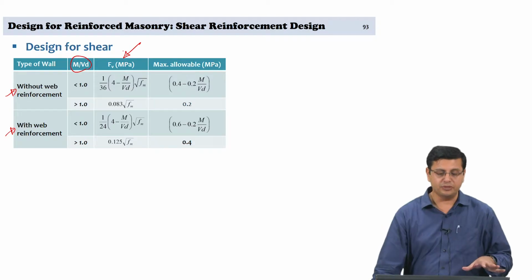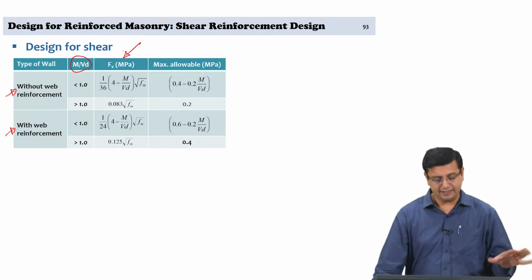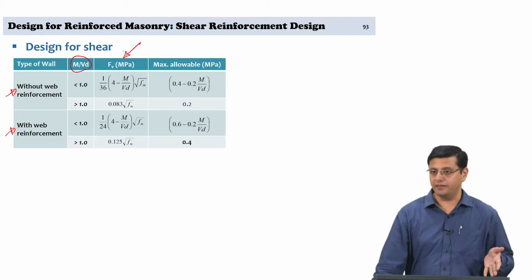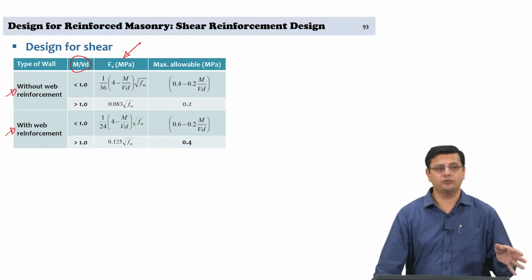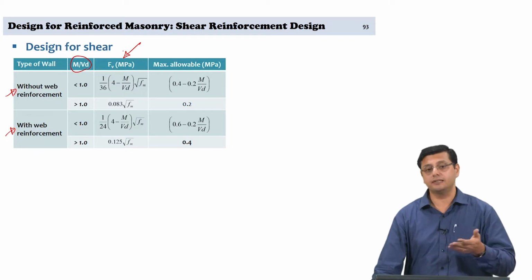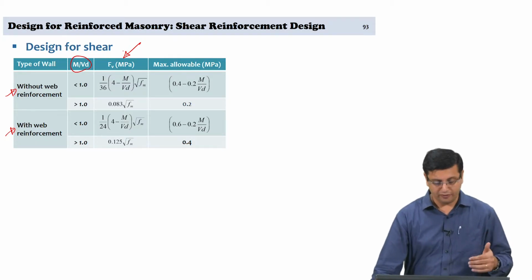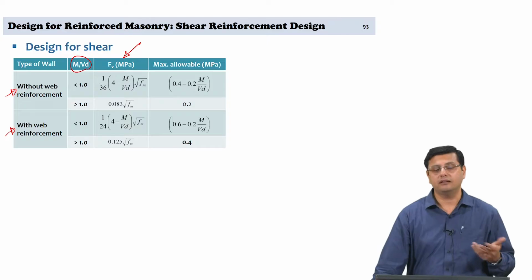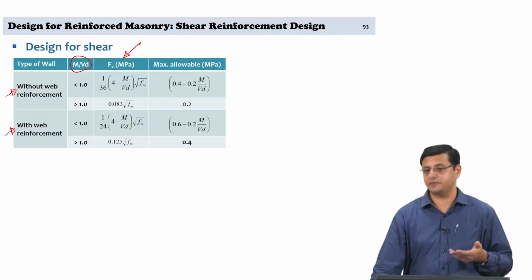You see that the allowable shear stress is prescribed as a function of M by VD. Therefore, the aspect ratio of the wall is a governing parameter as far as the shear resistance that the masonry wall can offer, and the masonry compressive strength, here represented as the square root of Fm.